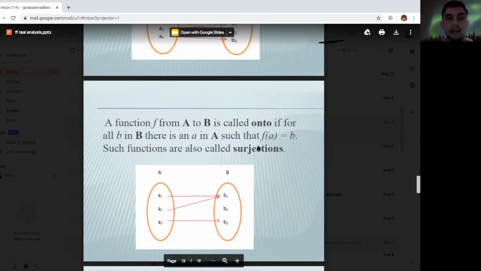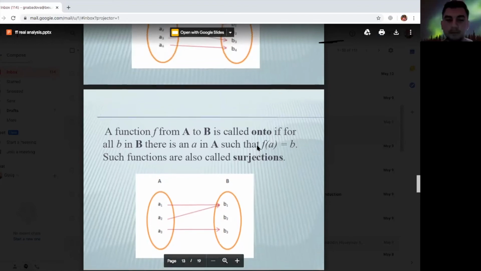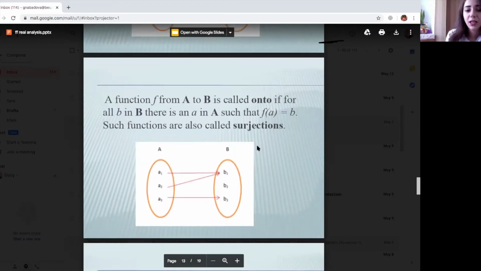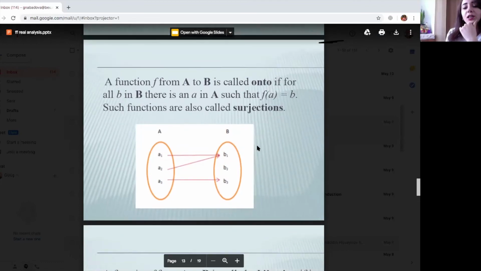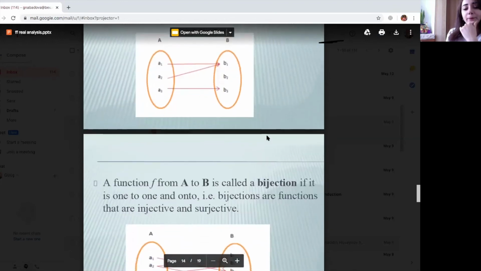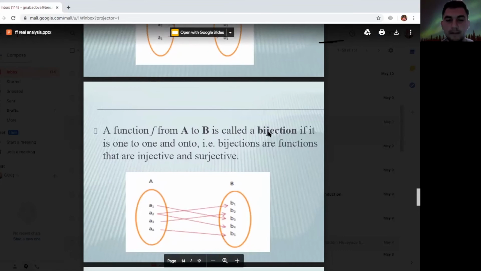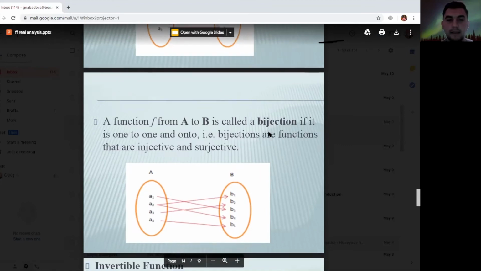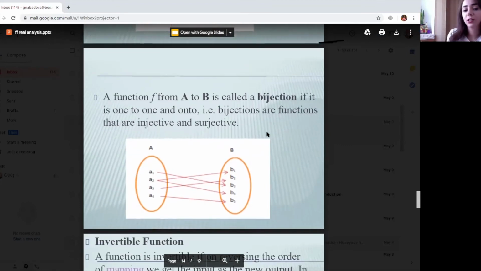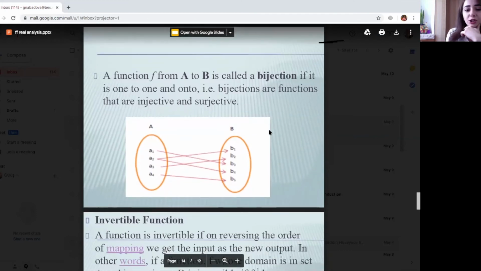Also, it's called surjection. And bijection, both onto and one-to-one, is called bijection.